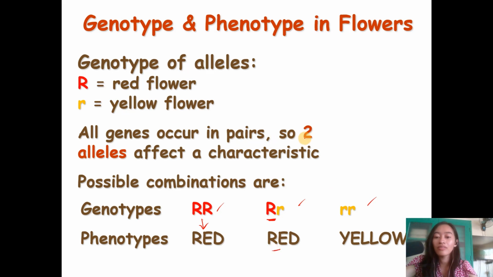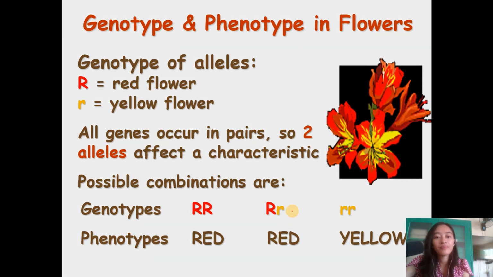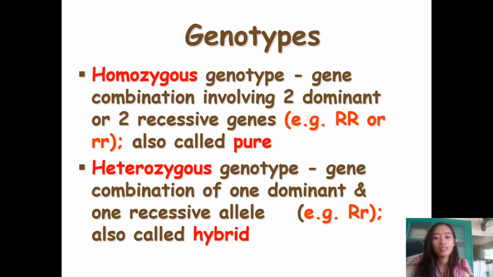But when both recessive alleles are together, like this one, the recessive trait will come out. This combination is called homozygous dominant, this one homozygous recessive, and this one is heterozygous.